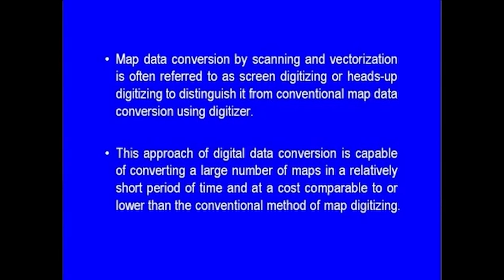This approach of digital data conversion is capable of converting a large number of maps in a relatively short period of time and at a cost comparable to or lower than the conventional method of map digitization.